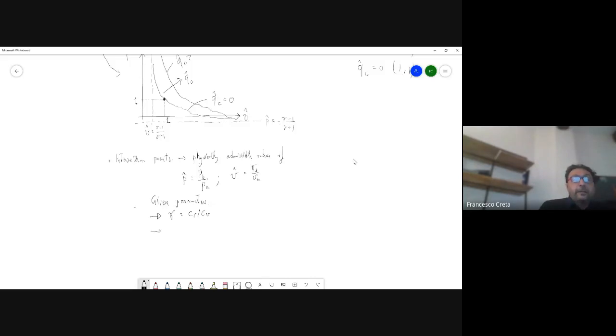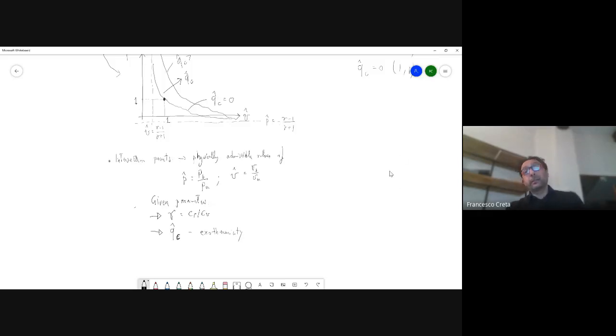Another thing that appears in the Rayleigh lines and particularly in the Hugoniot curve is QC, the heat release parameter. You can call this the exothermicity of the flammable mixture.